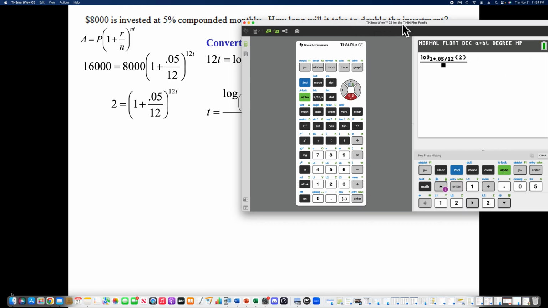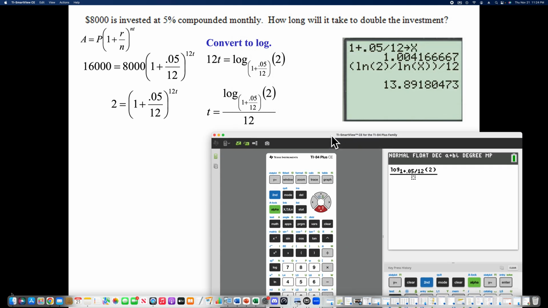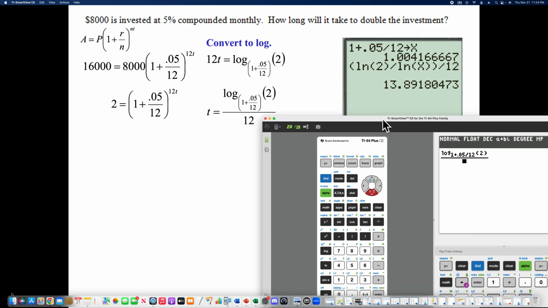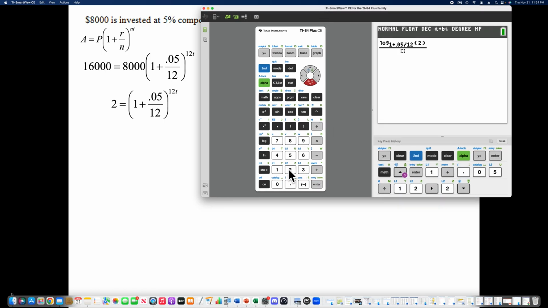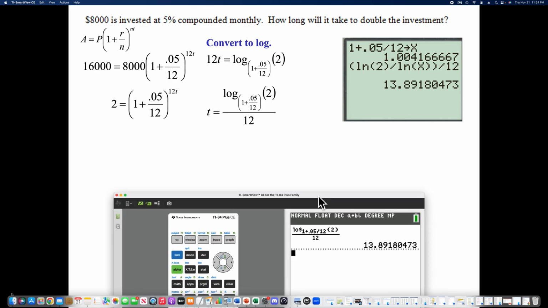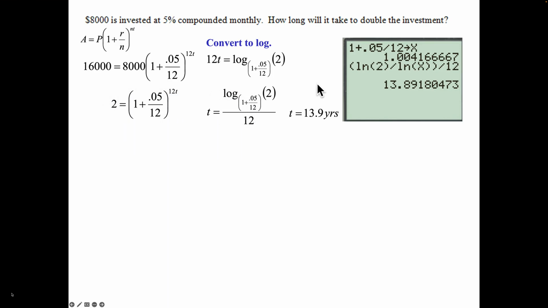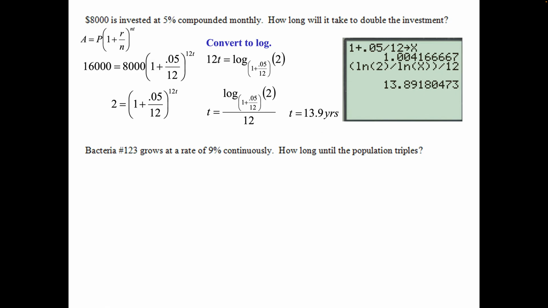And then what do we divide by? We're dividing by 12. That's what we came up with right there. 13.89. So if we had to round it to a particular year, round it to 1 decimal place, 13.9 years. If they wanted whole years, then we round up the 89 to 14.